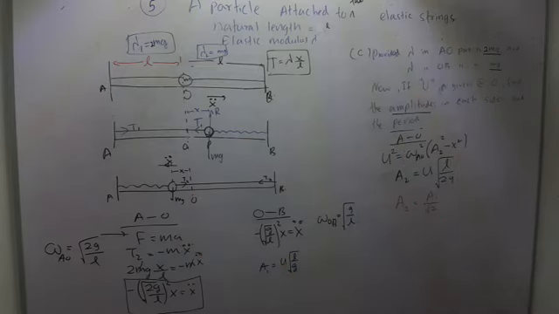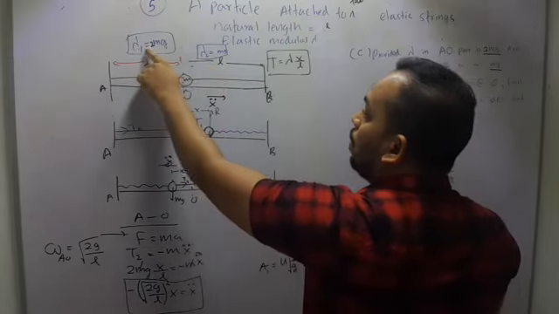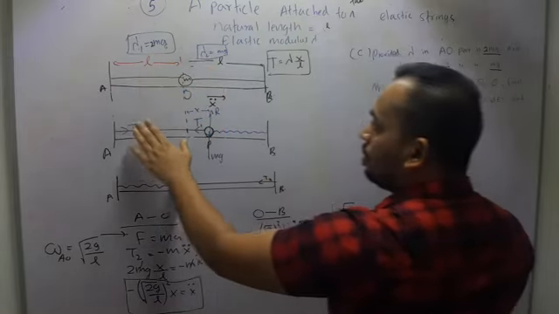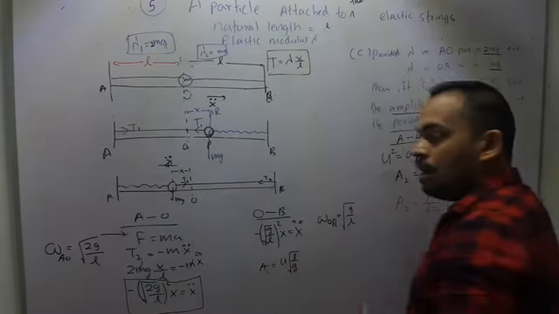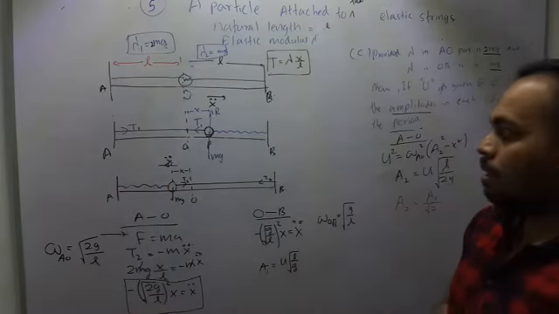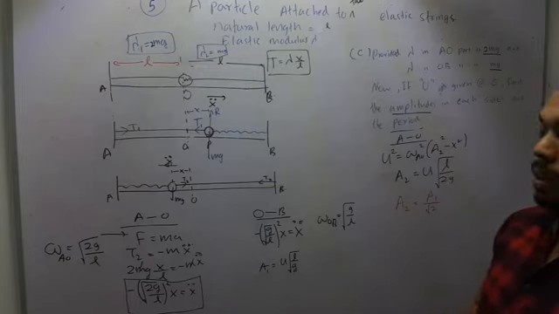Why is it different? Because lambda 1, the elastic modulus, is 2mg on this side. The elastic modulus is higher in this direction. If the elastic modulus is higher, then consequently the amplitude will be lower.